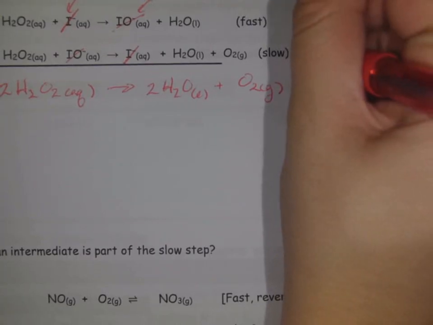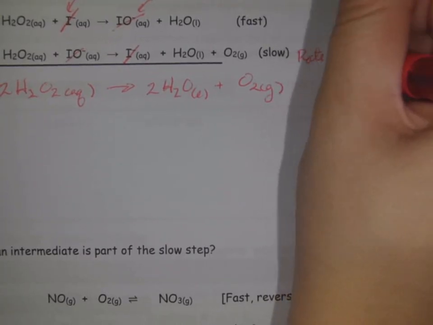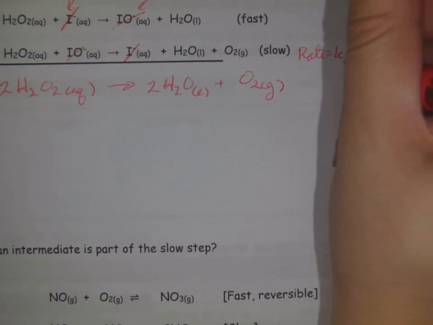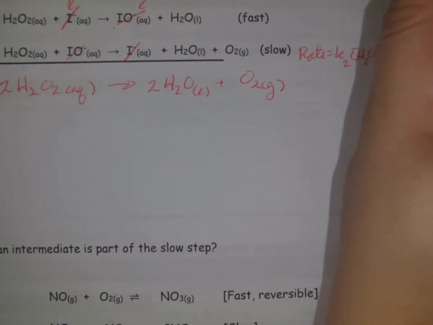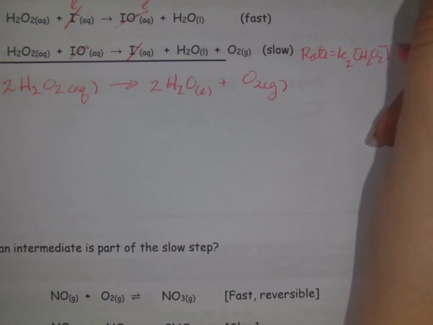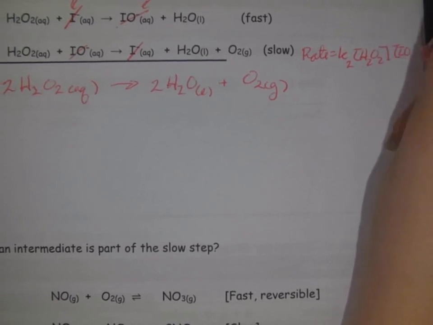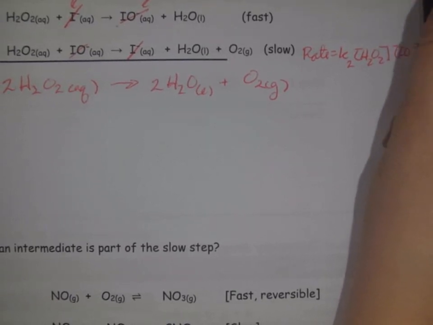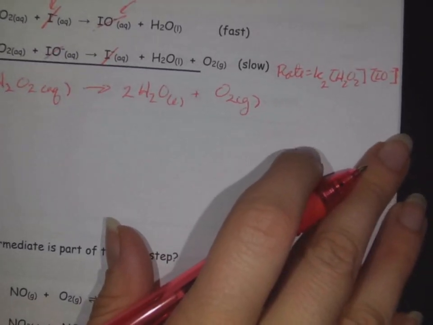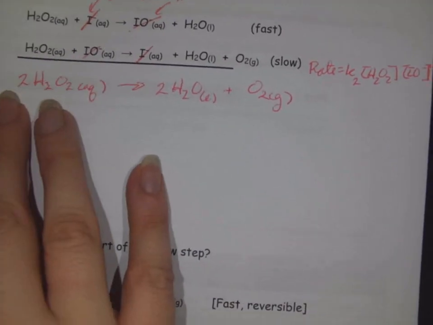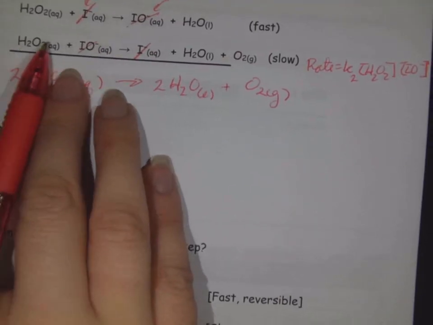rate equals K2, H2O2, IO minus. They are both first order because there's coefficients of 1 in front of them.